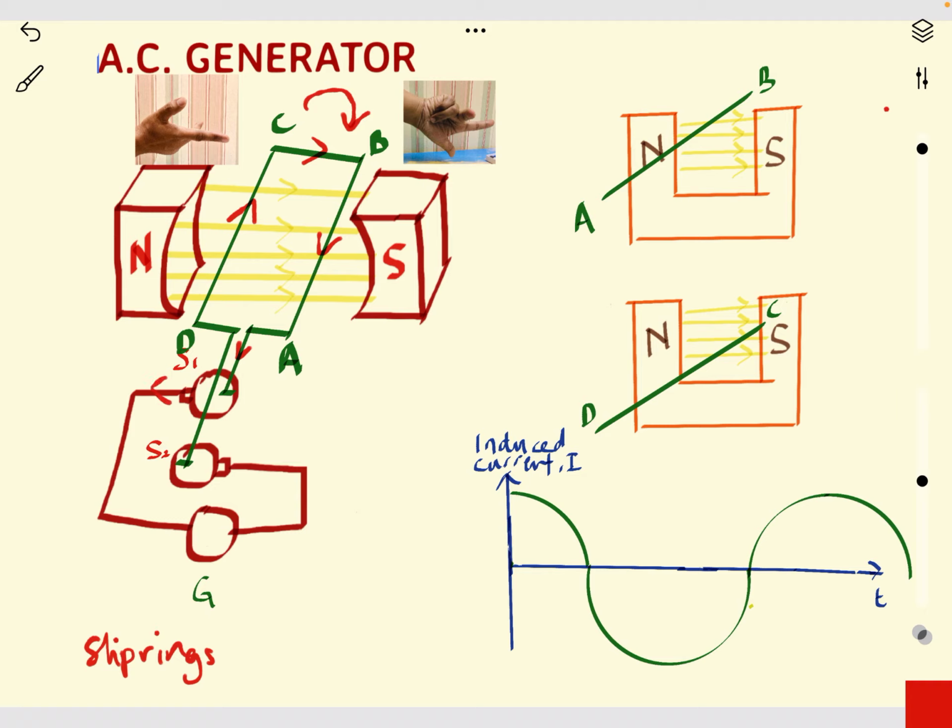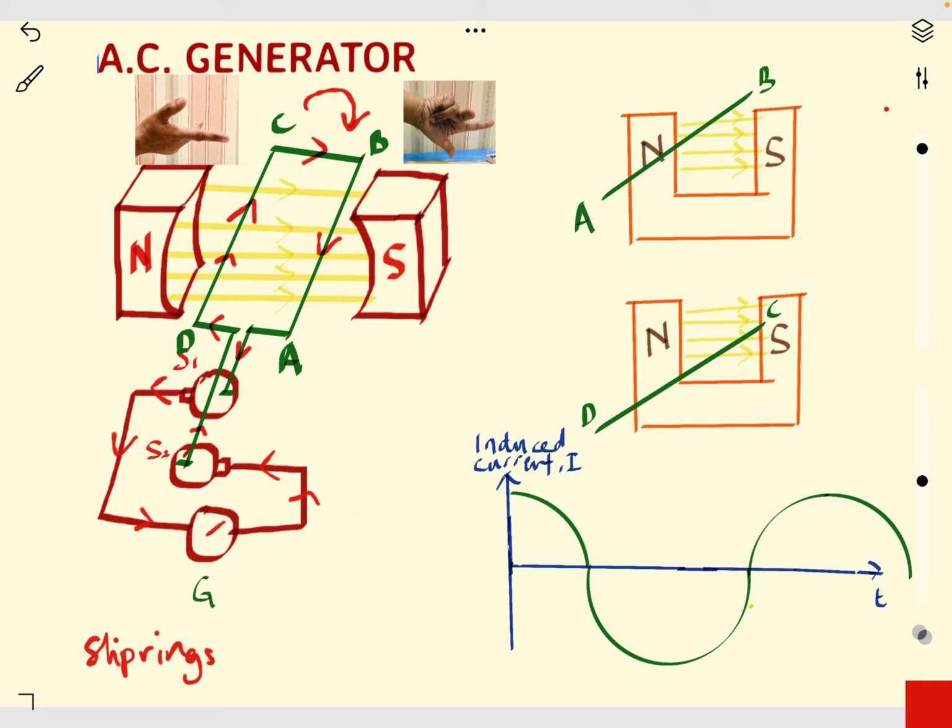So now the pointer of the galvanometer will be deflected to the right like this. Then current flows back into S2, which is connected to the coil, so it moves in a complete circle like that.